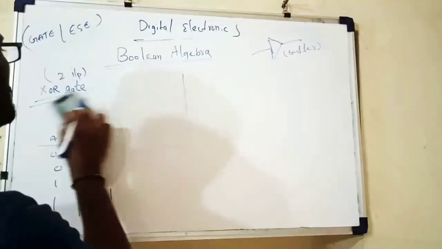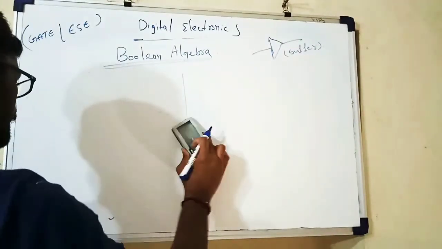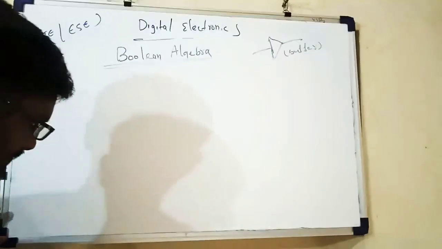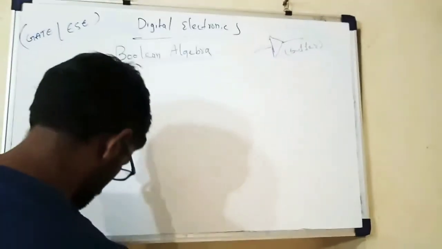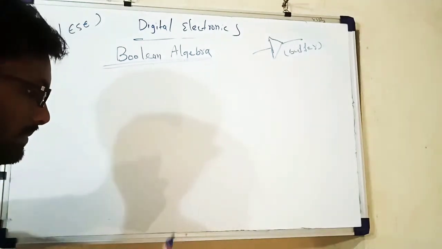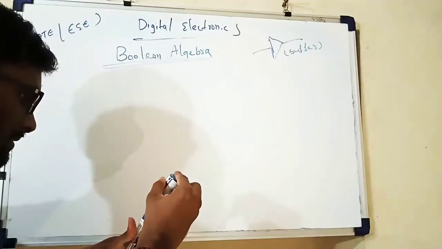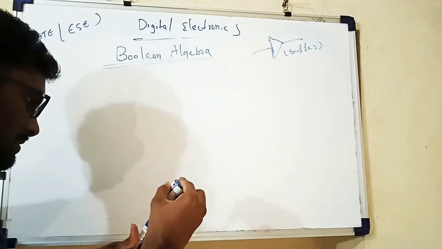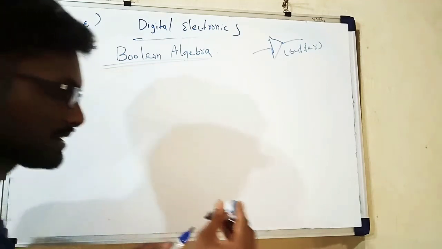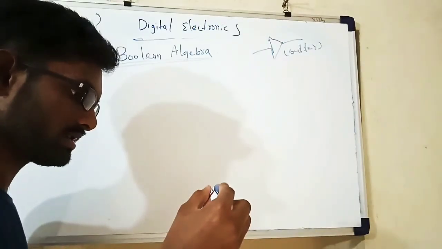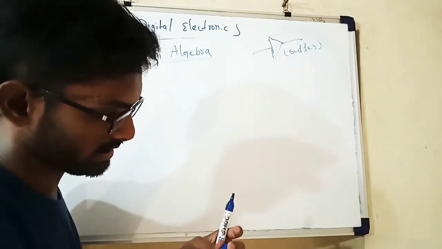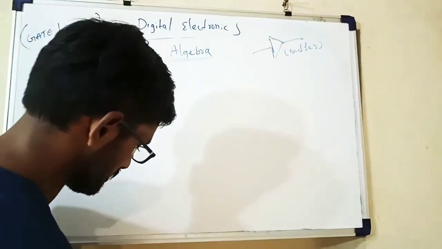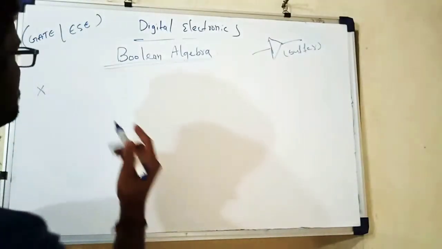Now we will see the XNOR gate. Here XNOR gate is nothing but XOR gate plus NOT gate. Whenever the output of XOR gate is given to the input of NOT gate, the output of the NOT gate is nothing but the XNOR gate output.